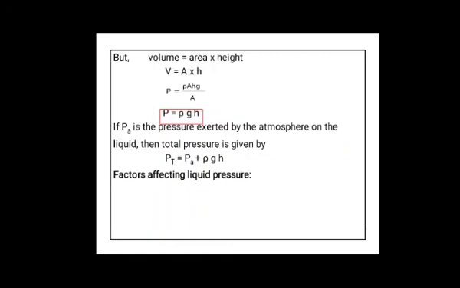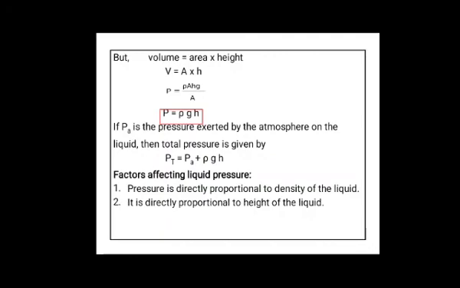Then what are the factors affecting this liquid pressure? Very simple to answer. Rho GH we are writing, so all these three factors are affecting. First, pressure is directly proportional to density of the liquid. It is directly proportional to height of the liquid and it is directly proportional to acceleration due to gravity.